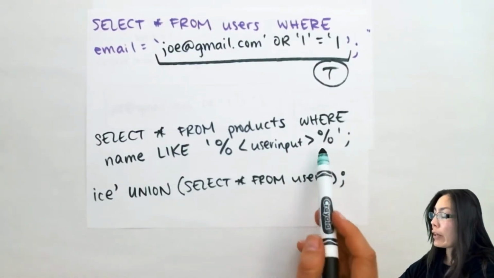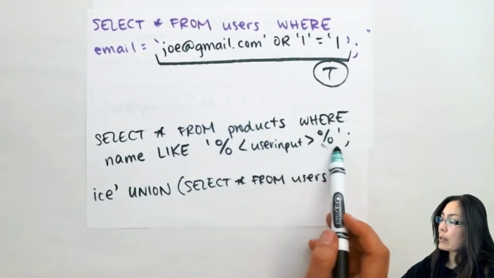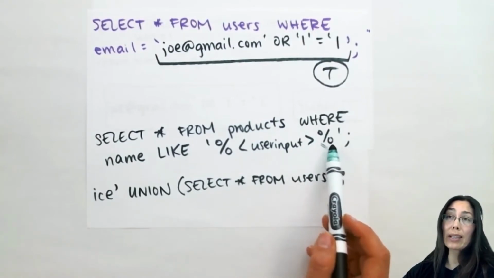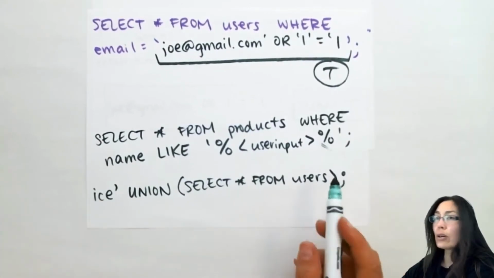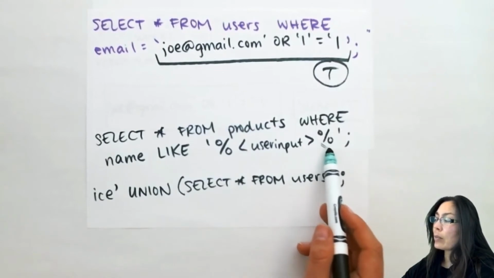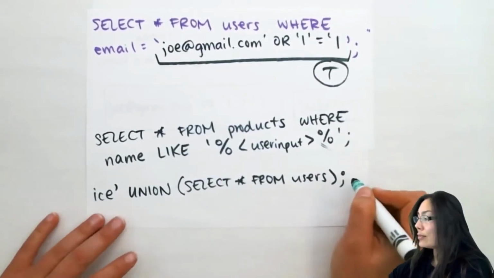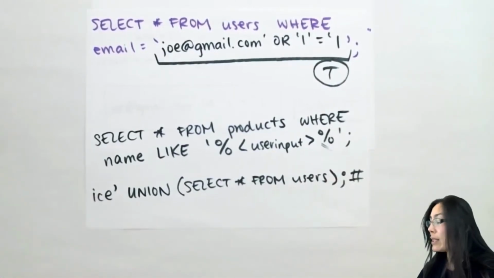The problem that I have right now, though, is that my user input's here, and I'm still going to have this percentage sign and this quotation mark trailing at the end. And then I'll have a syntax error, and then nothing will run, and then I'm in trouble. So I need to get rid of this percentage sign and the quotation mark. So let's just comment them out. A hashtag in SQL comments out anything to the right.